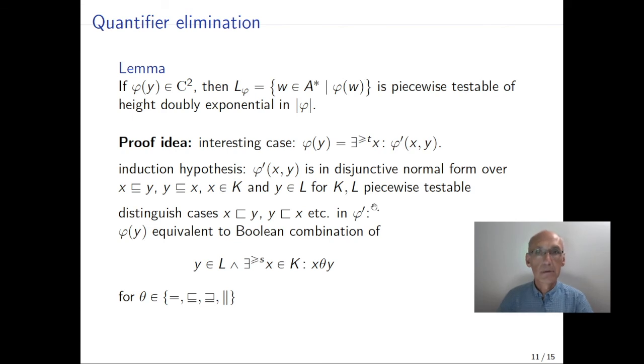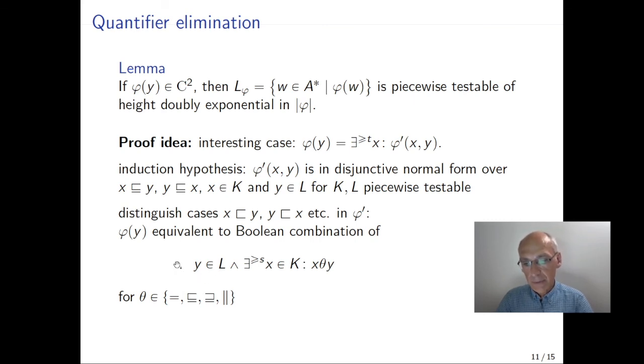And doing some basic massaging of the resulting formula, we get that phi of y is equivalent to a Boolean combination of formulas of the form y belongs to L, and there are at least as many words in K that are superwords of y, subwords of y, incomparable with y, or, kind of strange, equal to y.